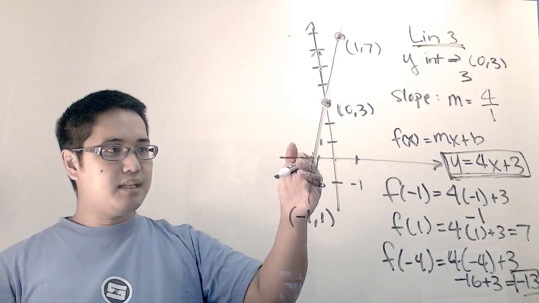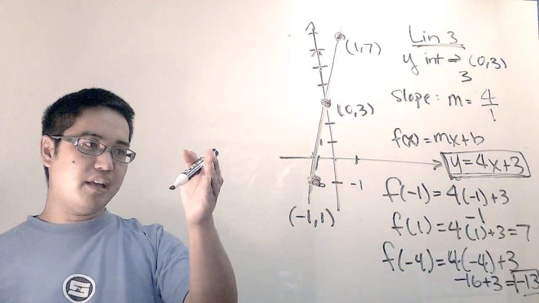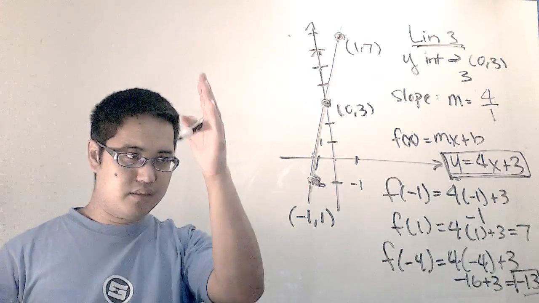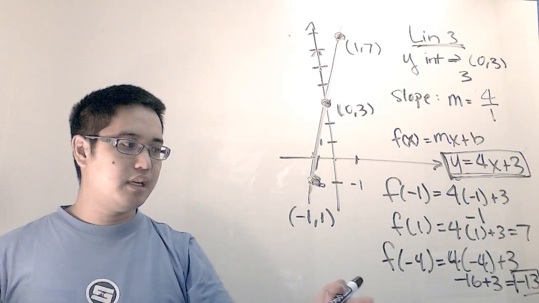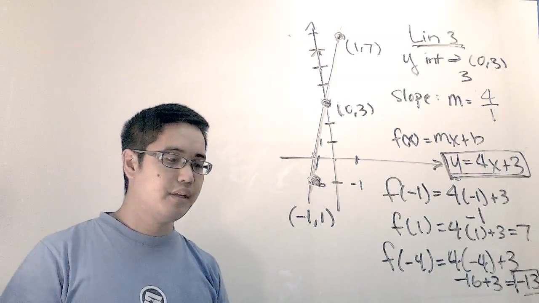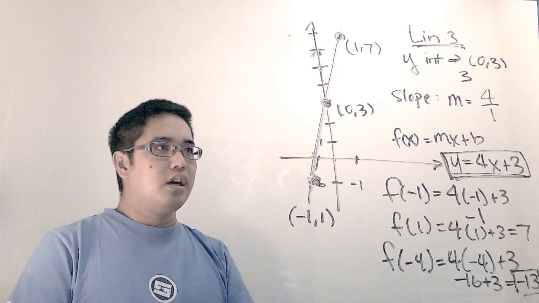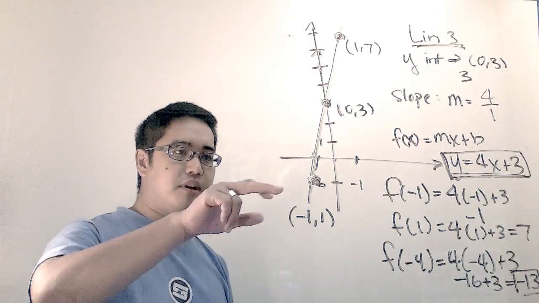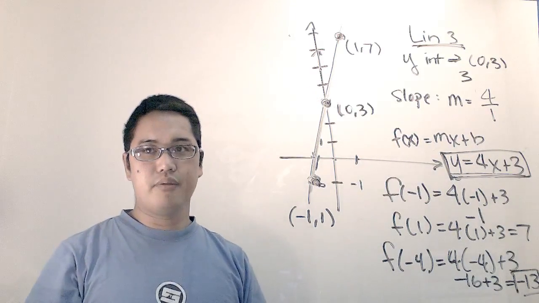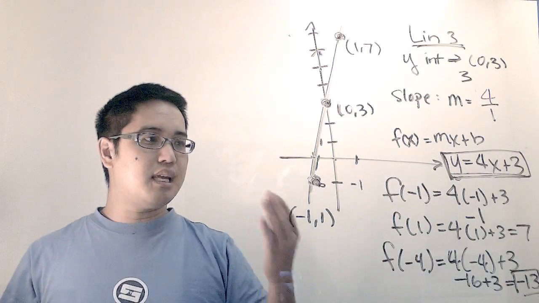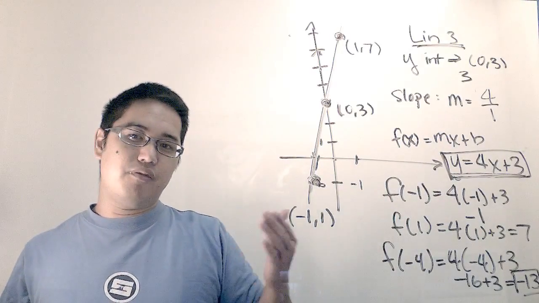Because it means that if I am standing out at -4, that line would cross that -4 point at -13. And what's really nice about this is that, yes, you can get the information really quickly when you see a graph, but what's nice about having the equation is that you can kind of predict the past or the future.